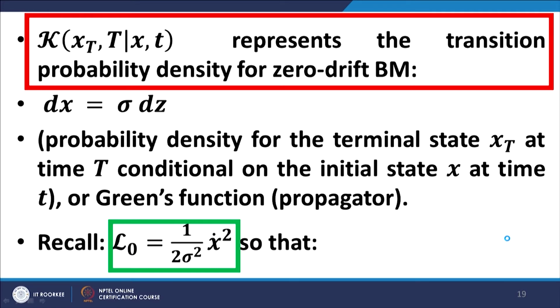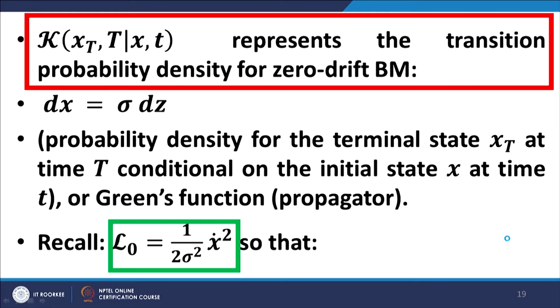So, K represents the transition probability with respect to the zero drift Brownian motion, with respect to the driftless Lagrangian, as we have just mentioned.